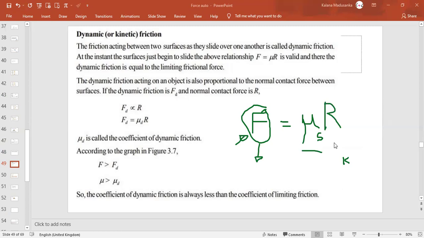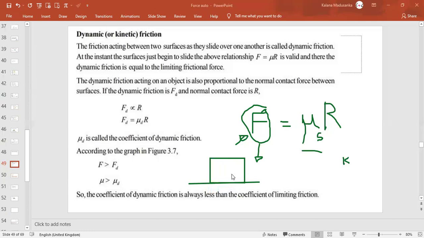So what is R? The reaction force. You already learned about the reaction force, right? So this is the reaction force. I'll get the red color.